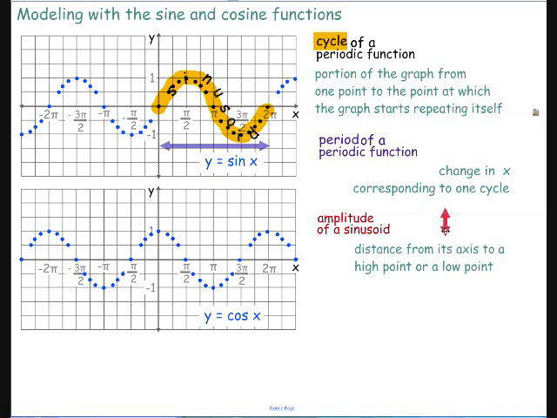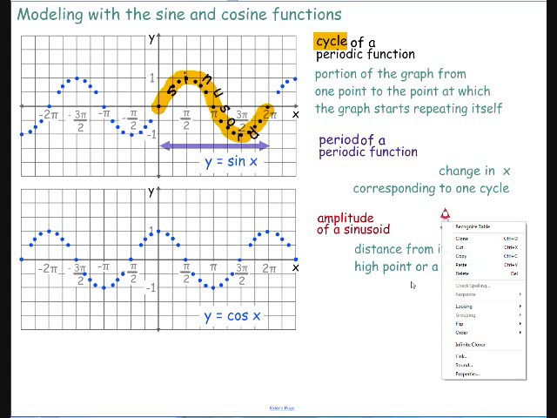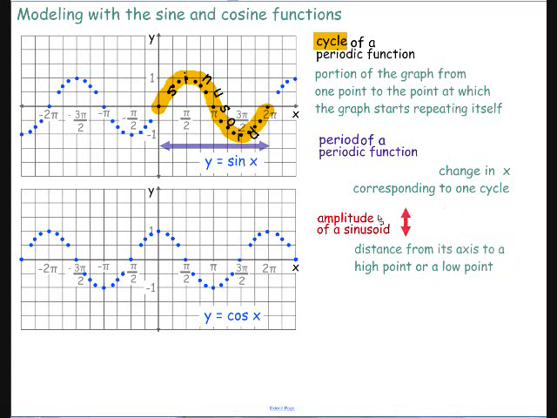The amplitude is the distance from its axis, the axis that runs down the middle of it, to its peak. Let's look at the definitions.